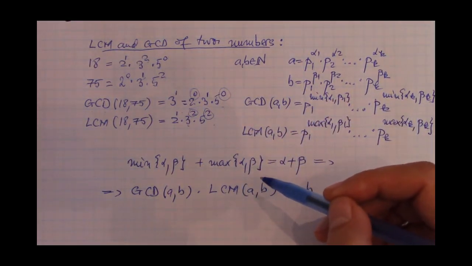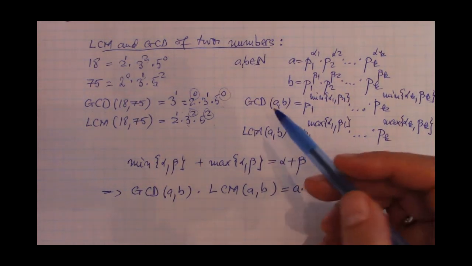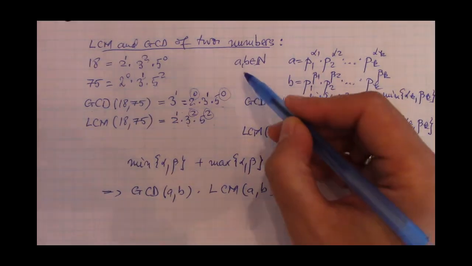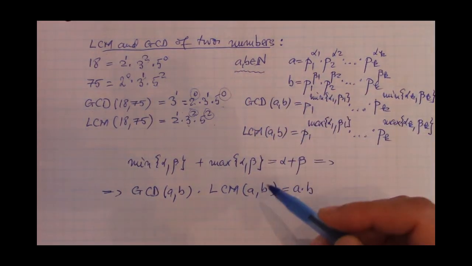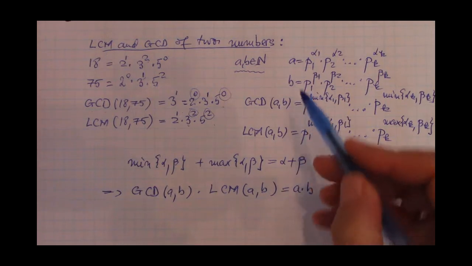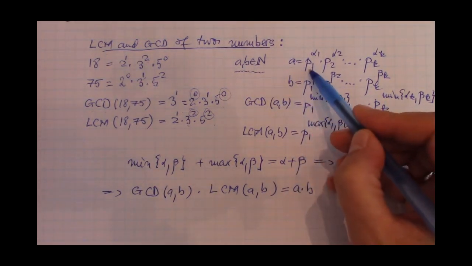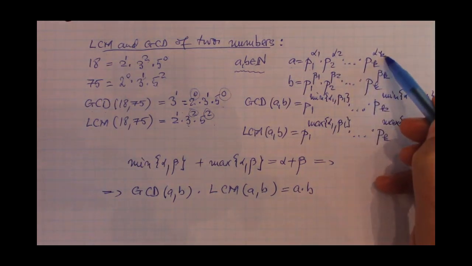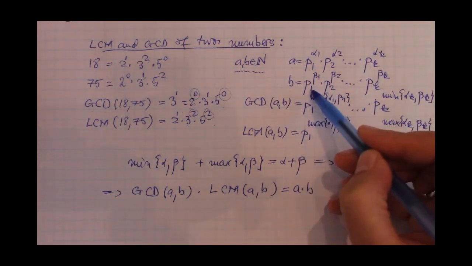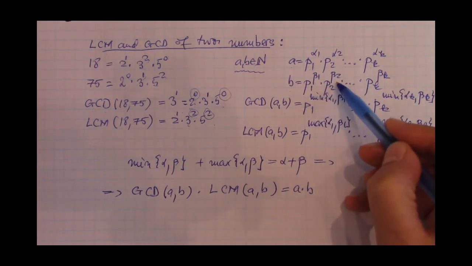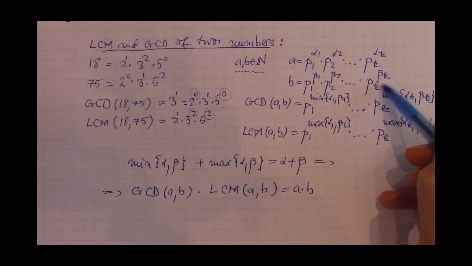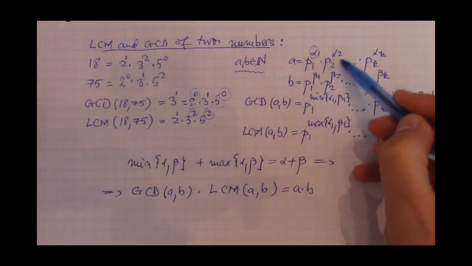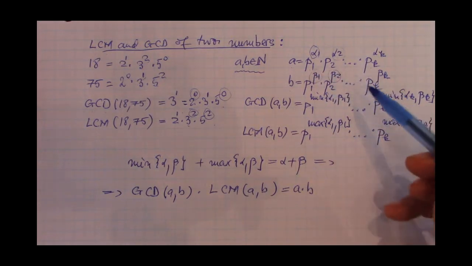Okay, now this is a little trick. Fine, how do we use this? Well, given two natural numbers, we can write A as P1 to the power of alpha 1 times P2 to the power of alpha 2 times all the way times Pk to the power of alpha k, and B as P1 to the power of beta 1 times P2 to the power of beta 2 times all the way up to Pk to the power of beta k. Some of these alphas and some of these betas can be 0.